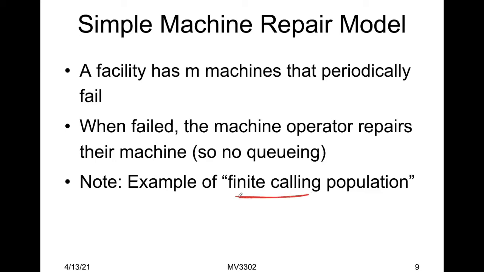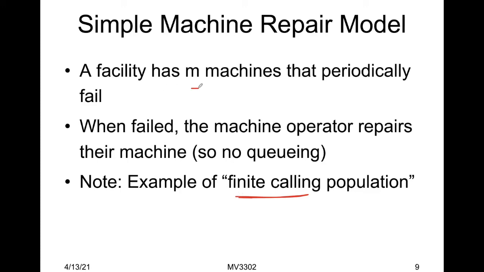And what's different about this is that, unlike the queuing situation where we have an arrival process coming, one of the hidden assumptions of an arrival process is that there's actually an infinite calling population, meaning that no matter how many people show up to your system in that situation, they keep coming at the same rate.